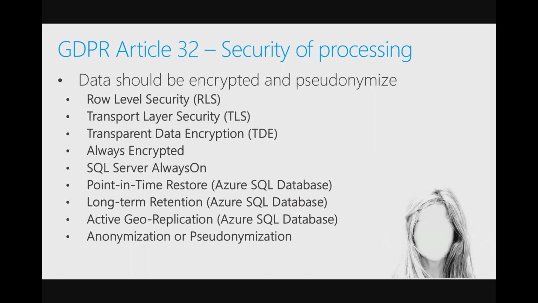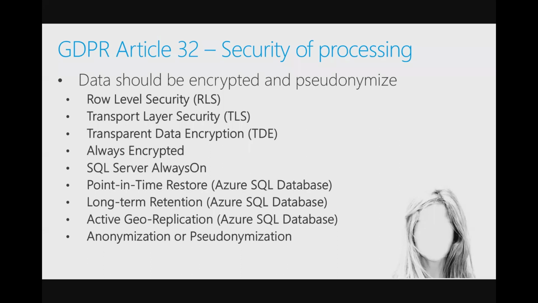So if data that GDPR recognizes as protected must be protected, then we need to apply encryption on it, or depending on the implementation and the business use, we can use pseudonymizing to mask. Data masking can be a form of pseudonymization, but pseudonymization can also be put on a totally different level.